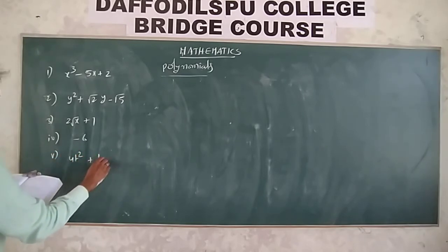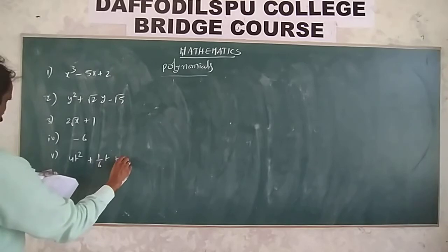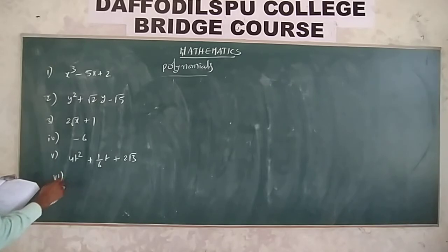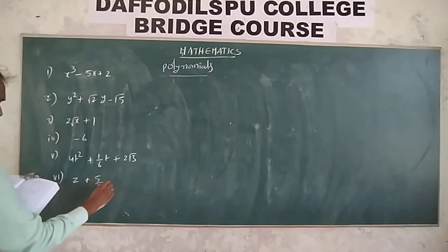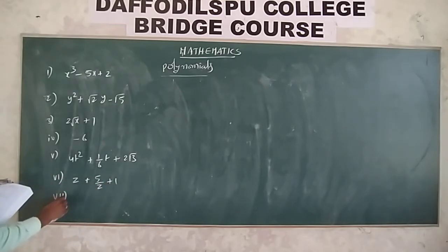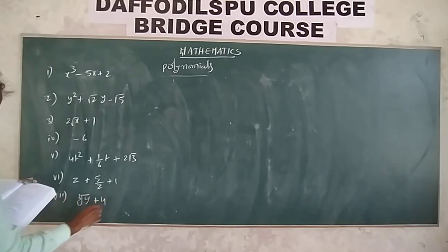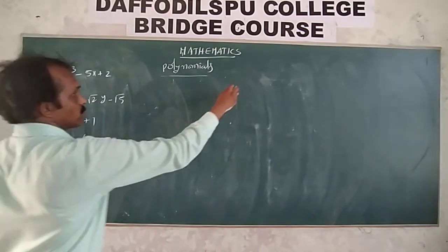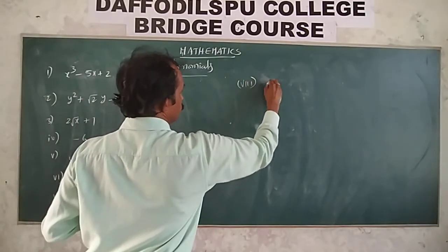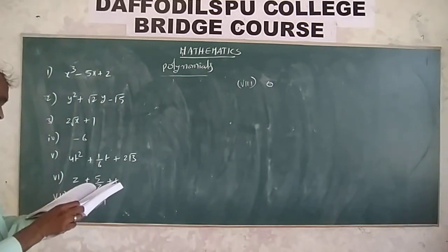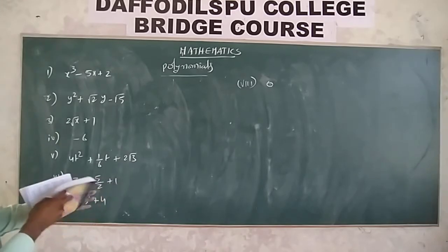Four t square 1 by 60 plus 2 root 3. z plus 5 by z plus 1. Cube root y plus 4. 0. Okay, these are the problems. Our question is, which of the following expressions are polynomials?